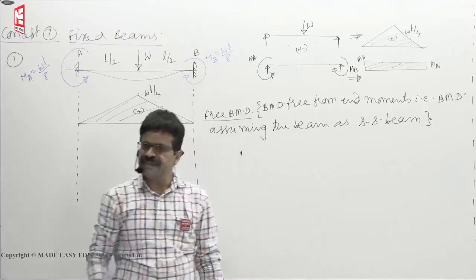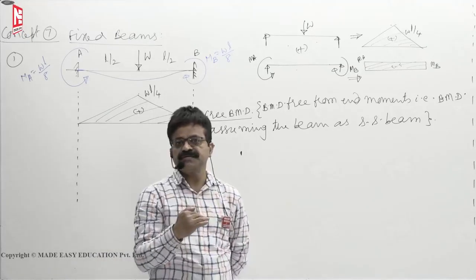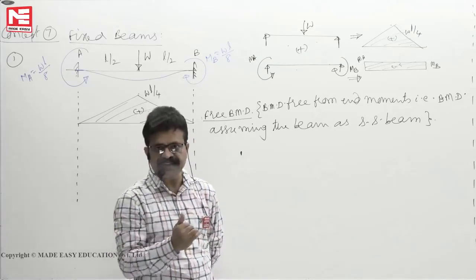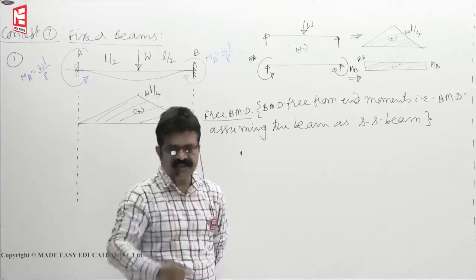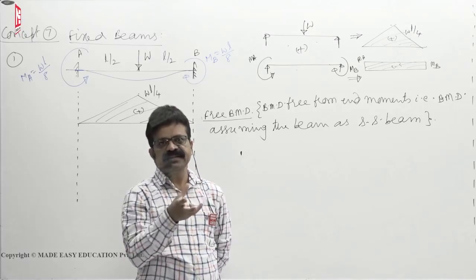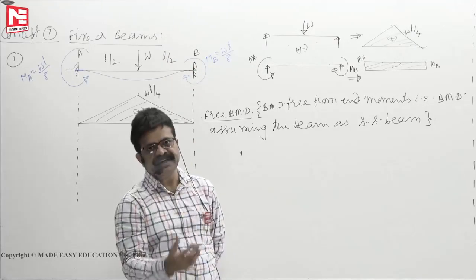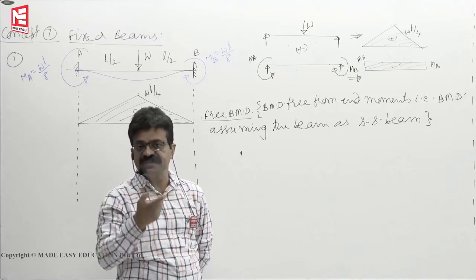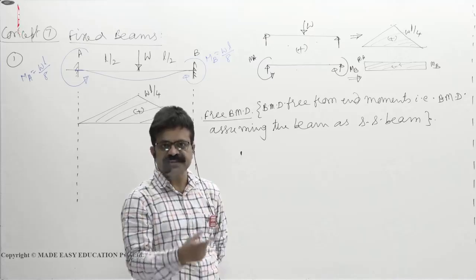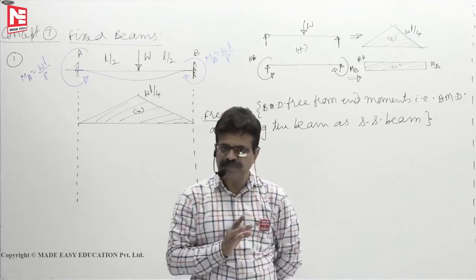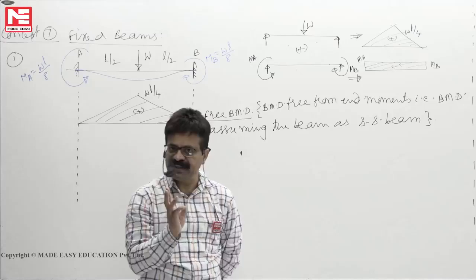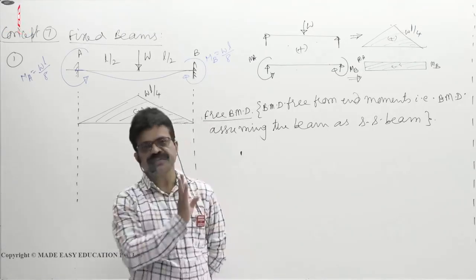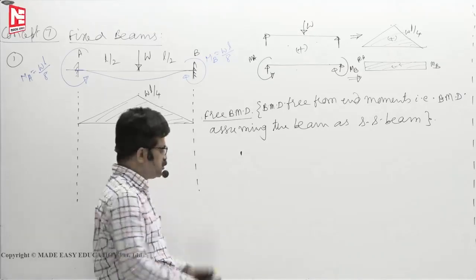Because the material is linear elastic and the deflections are assumed to be very small. The cross-sectional configurations don't change for small deflections. Large deflection means the cross-section also will change. Initially say 10 mm diameter, if it deflects 1 meter, 10 mm diameter will become maybe 5 mm like that. Where the cross-section changes because of large deformations, you cannot apply the principle of superposition. Two conditions: material must be linear elastic, deformations must be small, otherwise you cannot apply the principle of superposition.